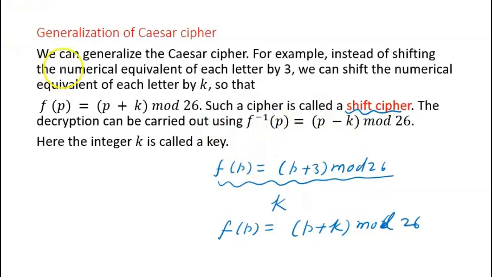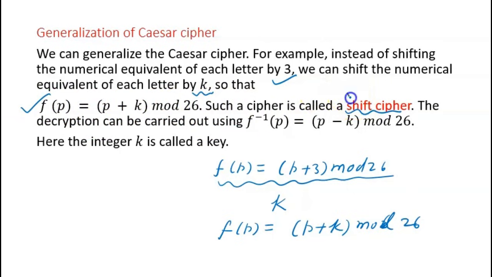You can just read it once to get a better idea that we can generalize the cipher. For example, instead of shifting the numerical equivalent of each letter by 3, we can shift it by any number k. So suppose we define f(p) = (p + k) modulo 26.